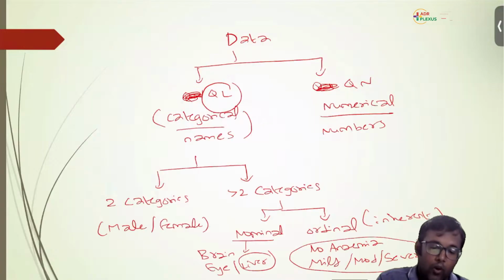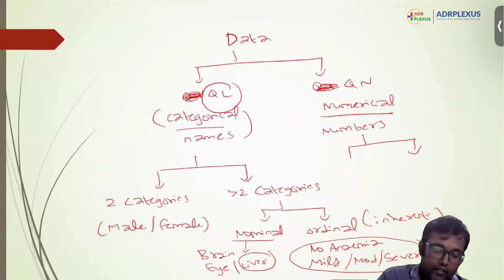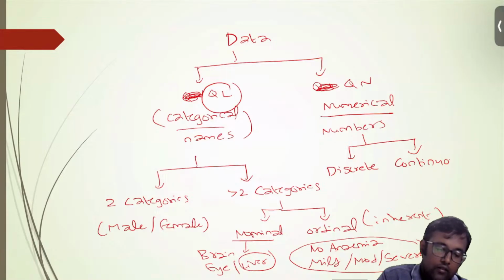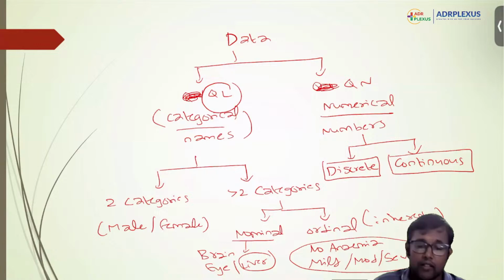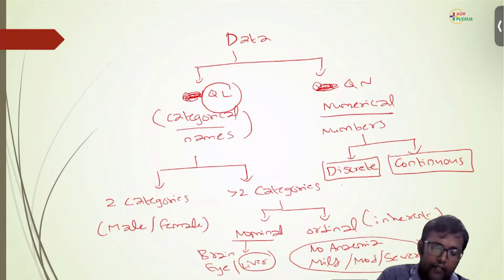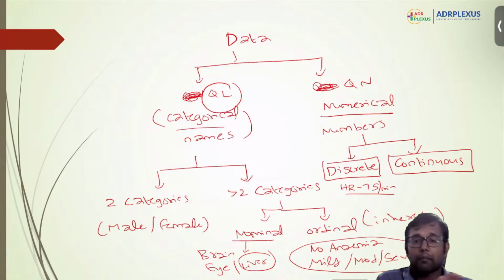Then coming to quantitative, it is 2 types only: discrete and continuous. Discrete means whole numbers. For example, my heart rate: 74 per minute, 75 per minute, 76 per minute. Either the heart beats or it does not.